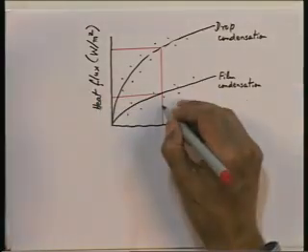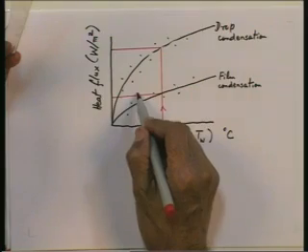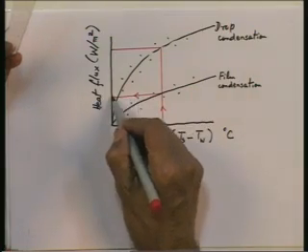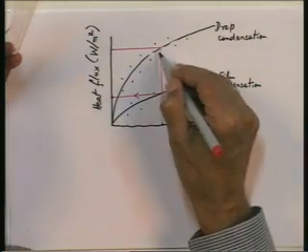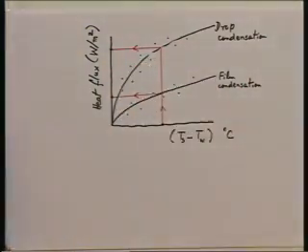So, during dropwise condensation one gets much higher heat fluxes for the same temperature difference.